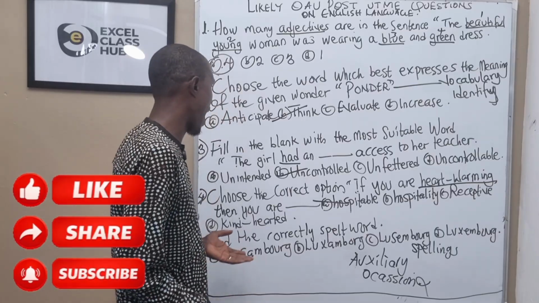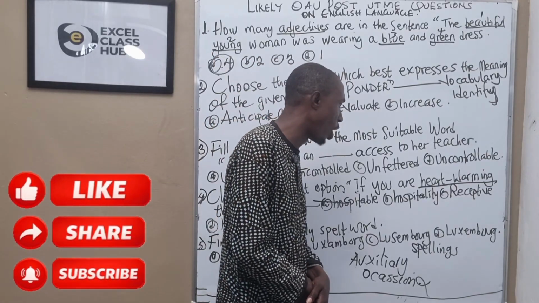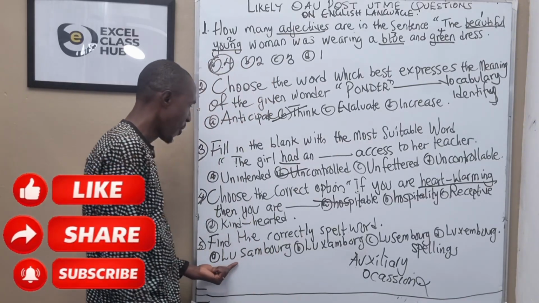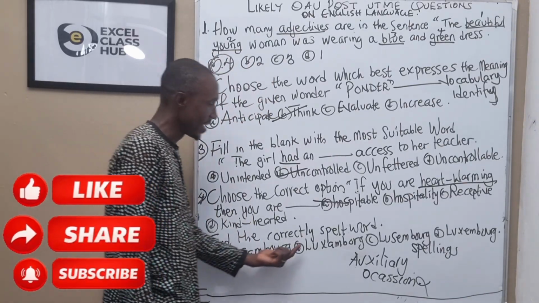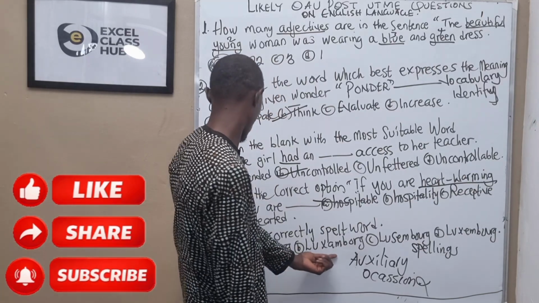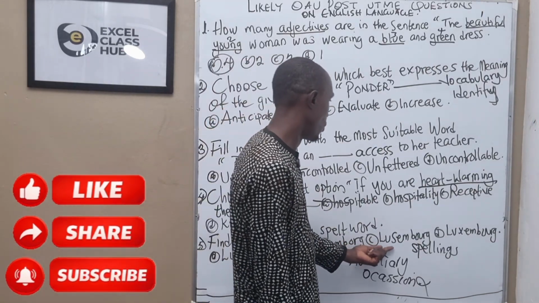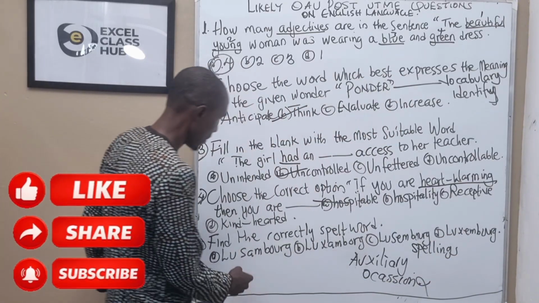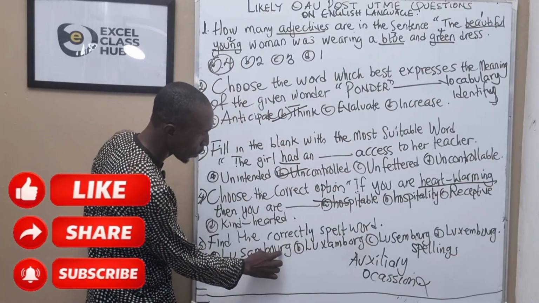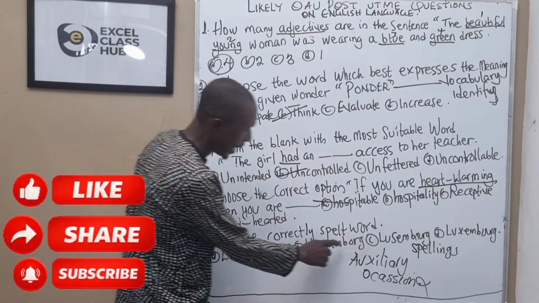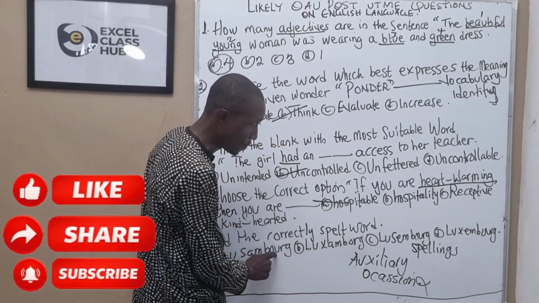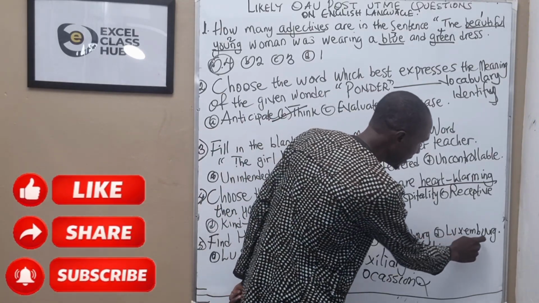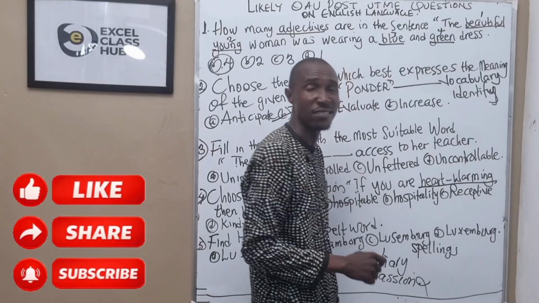Now, in this, we are asked to spell the word Luxembourg. Here we have four spellings of Luxembourg. Check it out here. In this one, there is no U in this spelling. In this one, there is U. There is no U in this spelling. There is U in this spelling, and there is also U in this spelling.